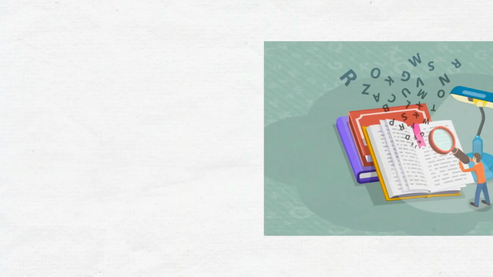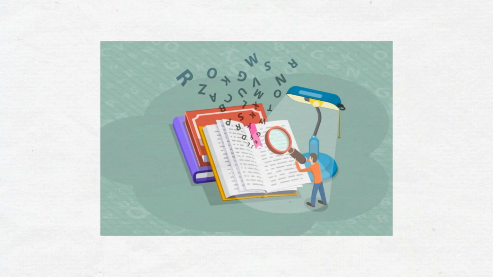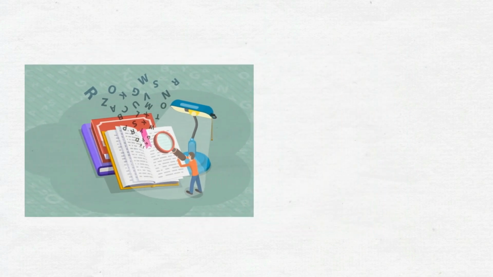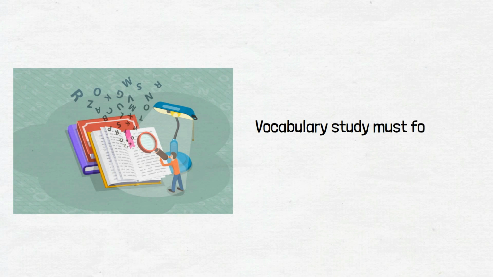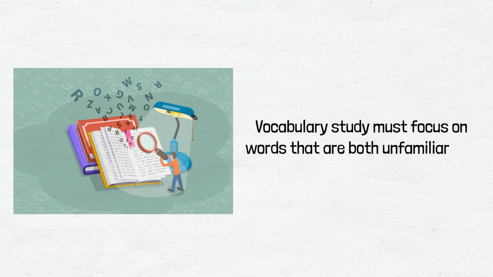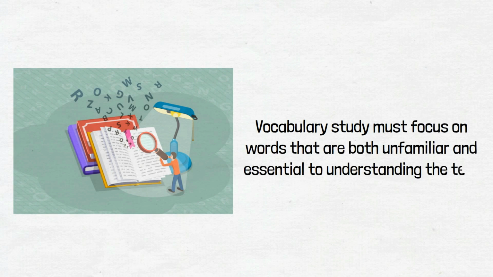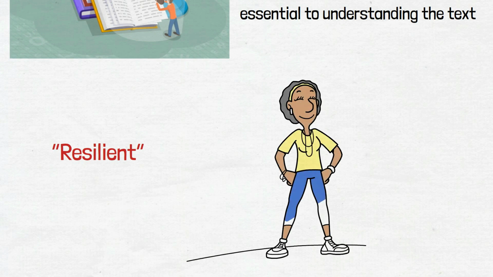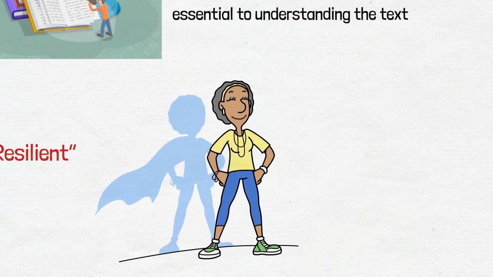Vocabulary instruction also plays a central role in comprehension. To have a meaningful impact, vocabulary study must focus on words that are both unfamiliar and essential to understanding the text. For instance, learning the word resilient within the context of a character overcoming adversity not only clarifies its meaning, but also connects it to the narrative.